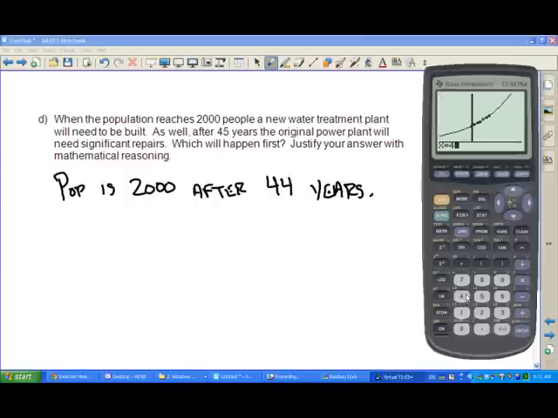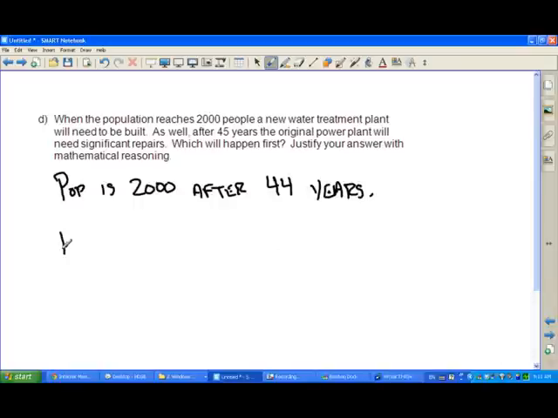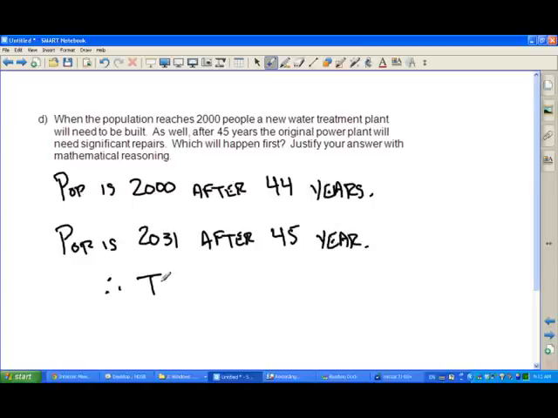If I plug in 45 years for x, this tells me that after 45 years, the population is about 2,031. So I need a treatment plant first.